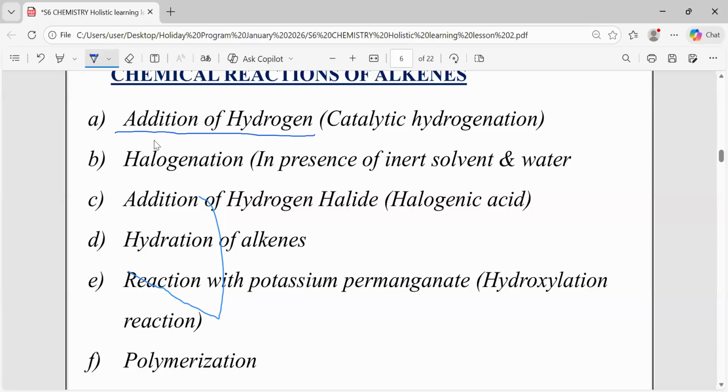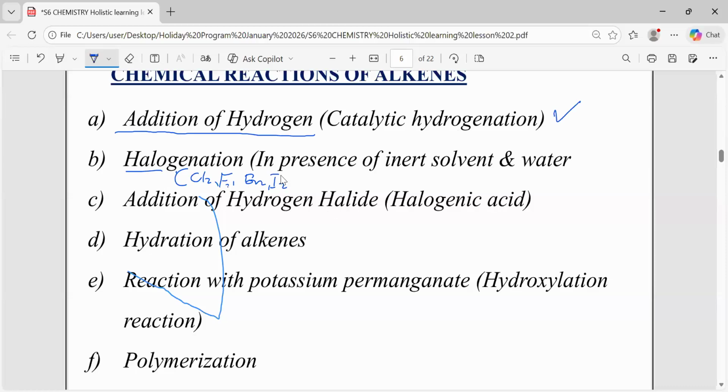It is coming. So addition of hydrogen is also known as hydrogenation. That will be our number 1. Then number 2, we shall look at halogenation, from the word halogen. When you say halogenation, we're adding a halogen. Examples of halogens are chlorine, bromine, and iodine.